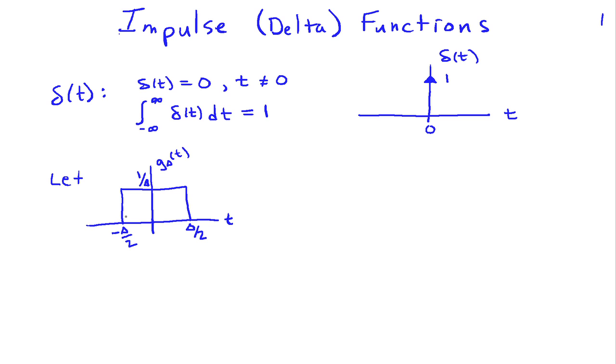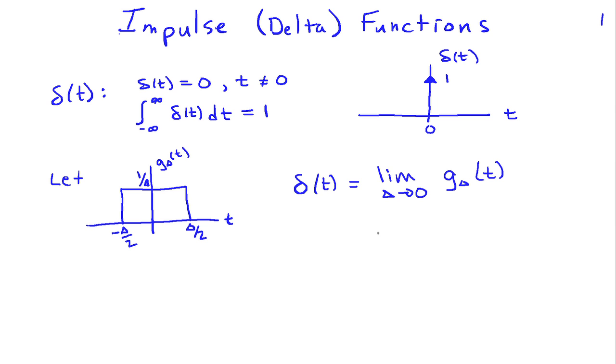So in this case, I have amplitude 1 over delta, and it's a square or rectangle function. And if you check the area under this, which is the amplitude 1 over delta times the width delta, it is exactly 1. Well, if we take a limit of this function as capital delta goes to 0, we can view that as our impulse.